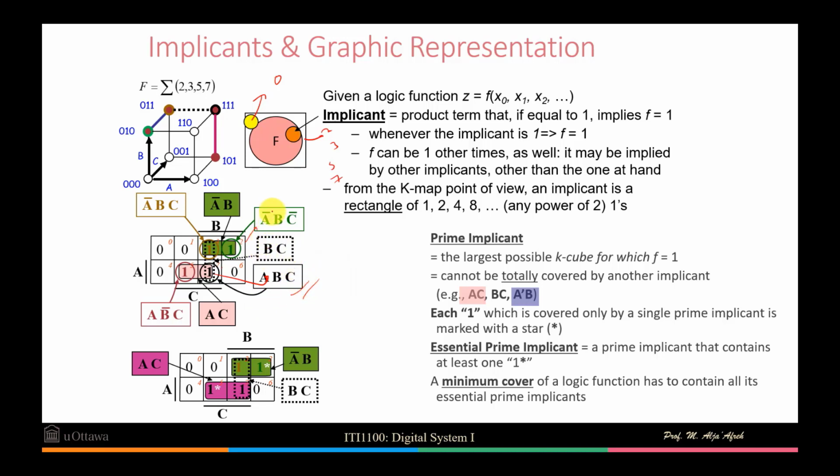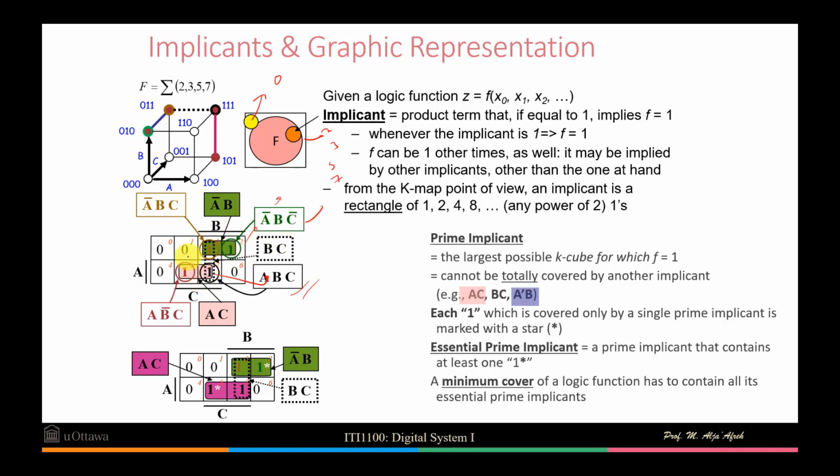Now, let me ask you a question. Can I group this implicant or this minterm with anything to eliminate any of my variables? The answer is yes. So this one at cell label 2 can be grouped with this one. So I can eliminate what? I can eliminate C prime.